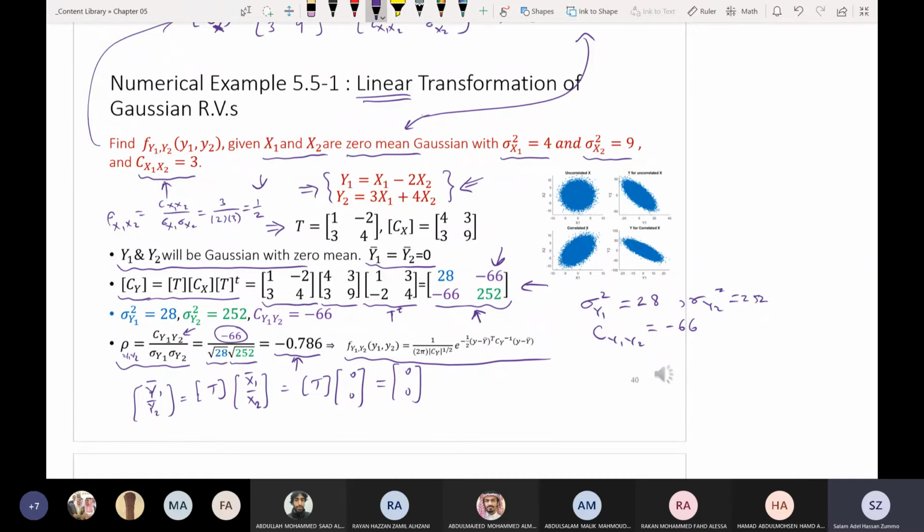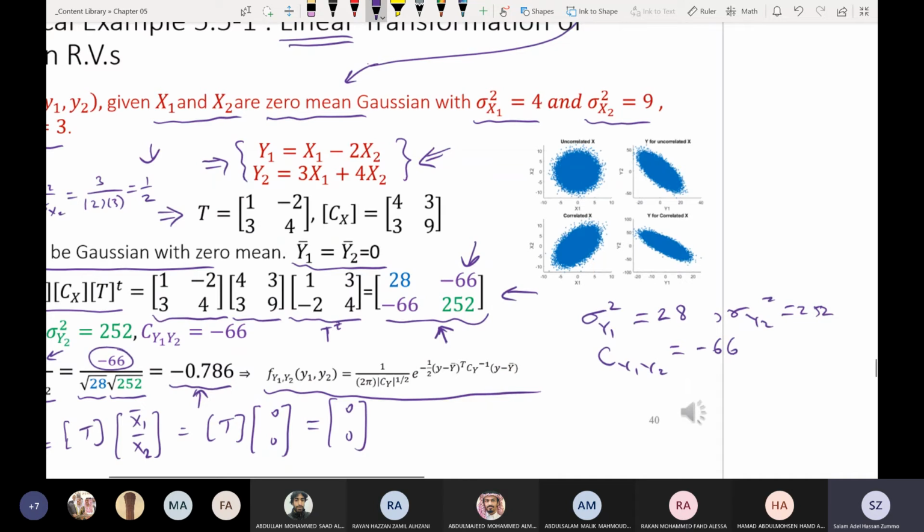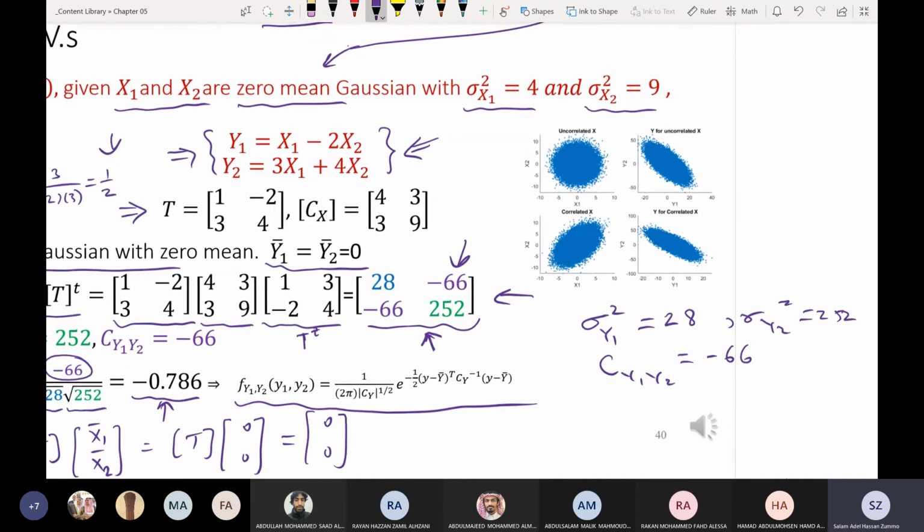So you can see what a linear transformation can do. Basically, the PDF or the scatter plot of x1, x2 looks like this, with rho equal to 0.5. For y it became like this, with rho equal to minus 0.786. Okay.